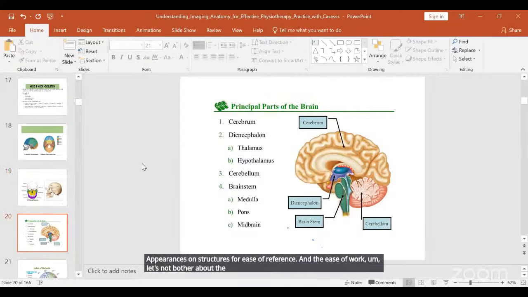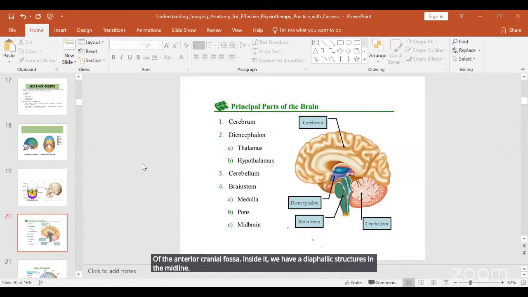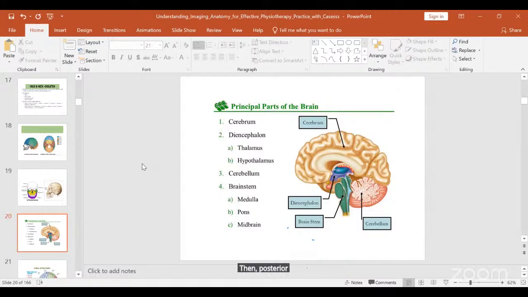Now we are going deep. After the skull, we now go into the principal parts of the brain. Of course, the principal parts of the brain are currently 4 or 5. We have the cerebrum, which occupies the bulk of the anterior cranial fossa. Inside it, we have the diencephalic structures in the midline. Then posteriorly and inferiorly, we have the cerebellum.